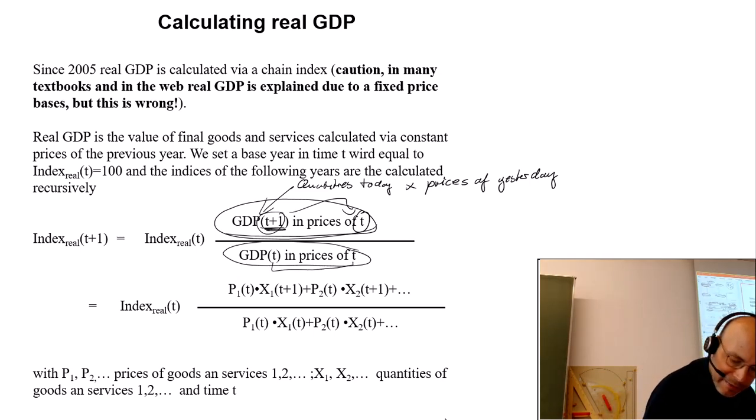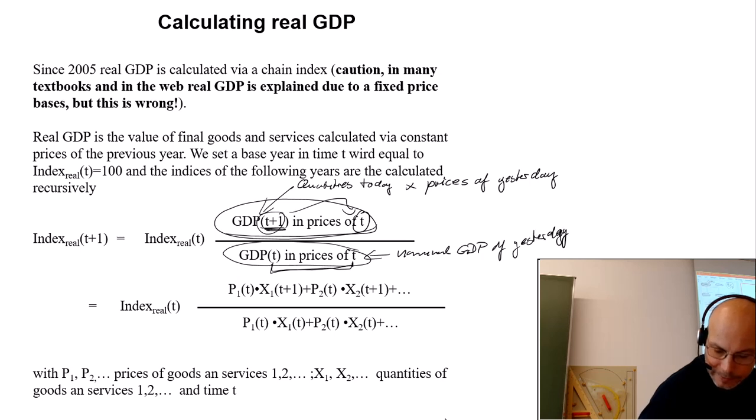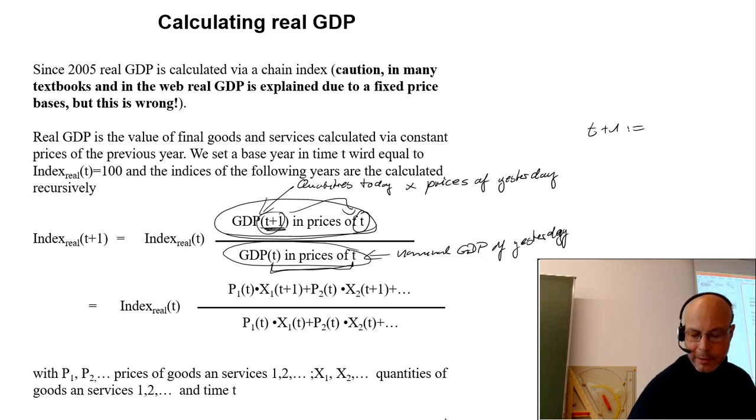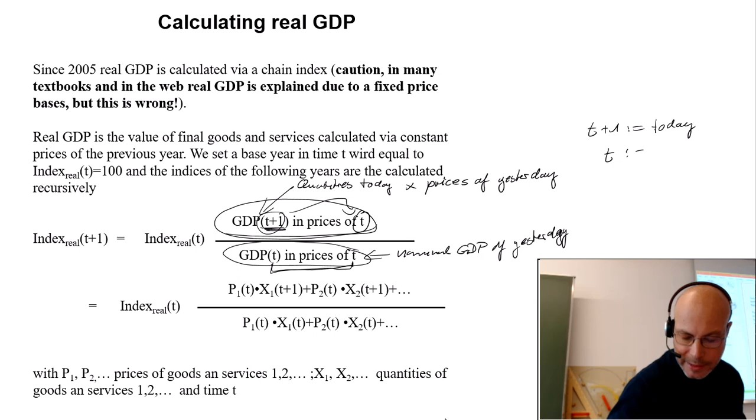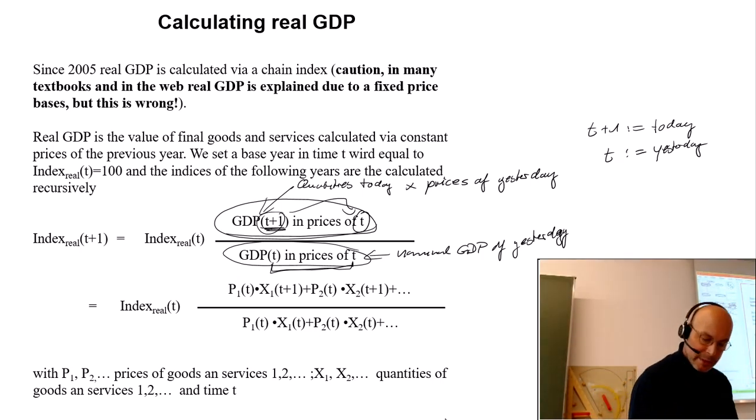Here you have the same time index, so this is just nominal GDP of yesterday. Let's say t plus 1 coincides with today and t coincides with yesterday. This is then just the formulation. So quantities of today and prices of yesterday, and here quantities of yesterday and prices of yesterday.